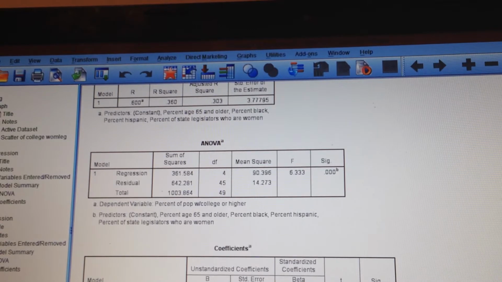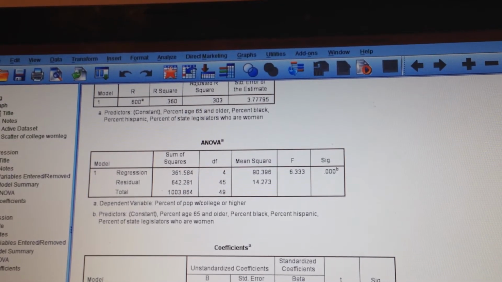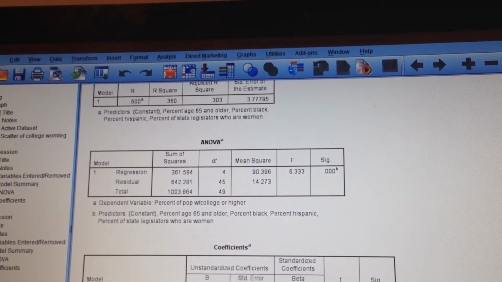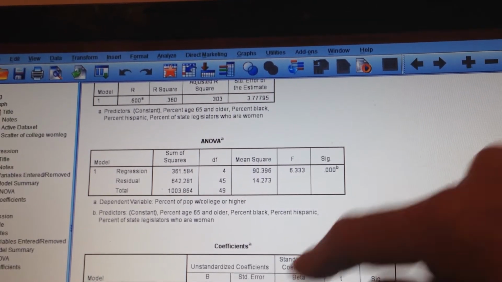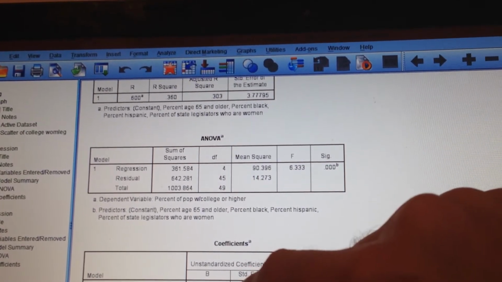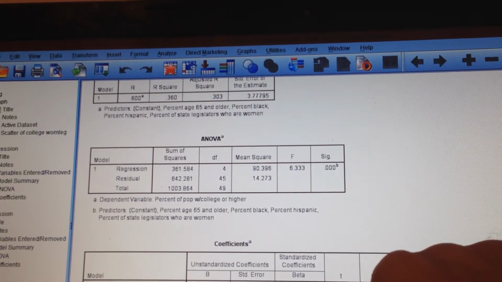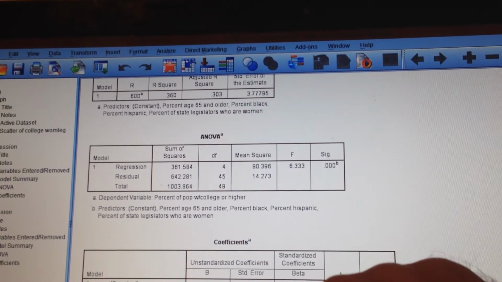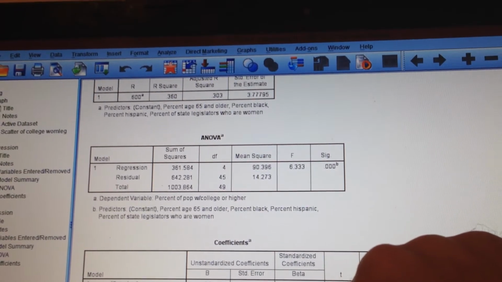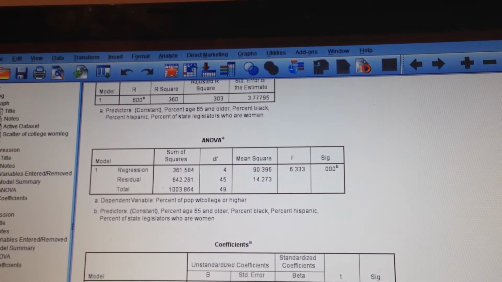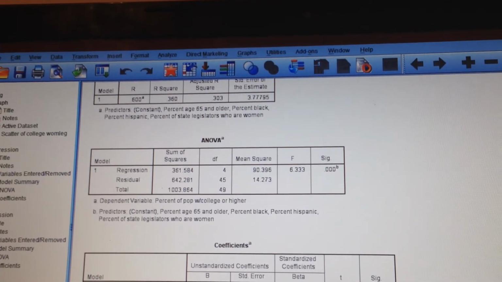Regression analysis also creates a situation where we can say how much our independent variables impact the dependent variable. So based on our model right here, we can make a strong prediction that in the past, whatever year this data set was for, a 1% movement of female legislators was equal to a 0.381 increase in the college degree population in a state.